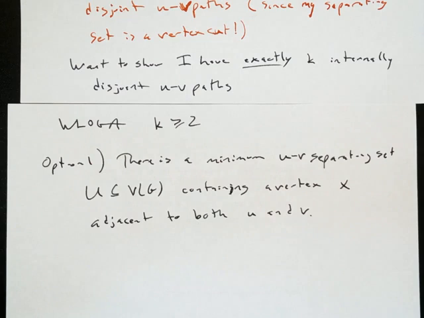It's got to tell me something about paths. Well, it's one of the things that separates it. I'd have to take out all of U. But that means that X, I go from U to X and X to V. That's a path, isn't it?